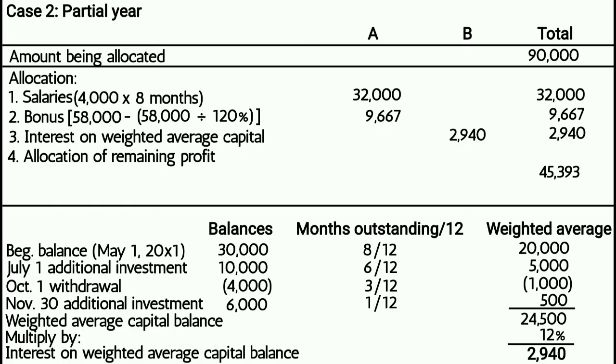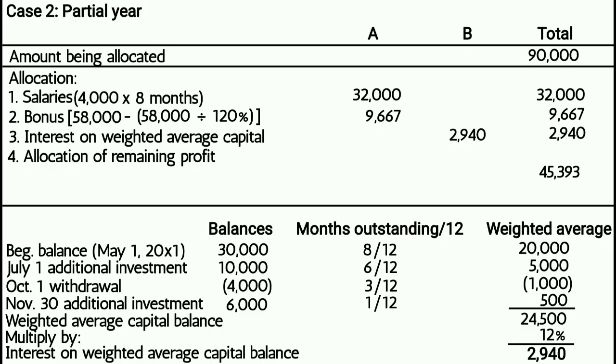90,000 pesos minus 32,000 pesos minus 9,667 pesos minus 2,940. Ang sabi sa problem, balance is shared equally.